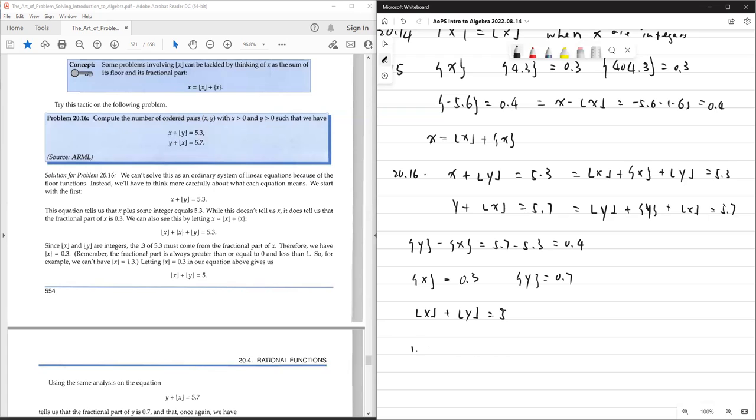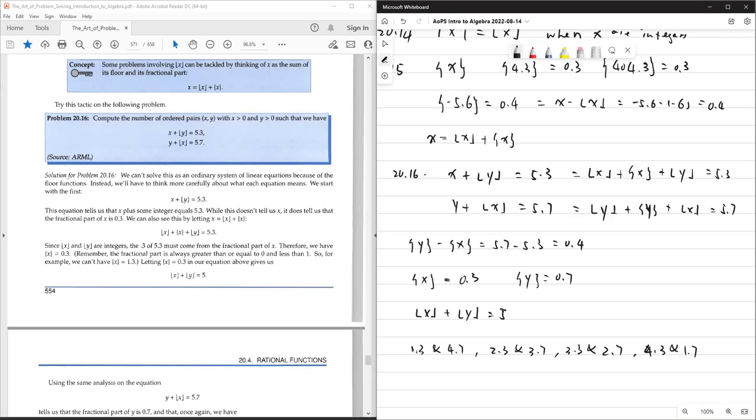We have 1.3, and when the x part is 1, then y is 4.7. Then we have 2.3 and 3.7. Then 3.3 and 2.7. And then 4.3 and 1.7. So we have 4 pairs.